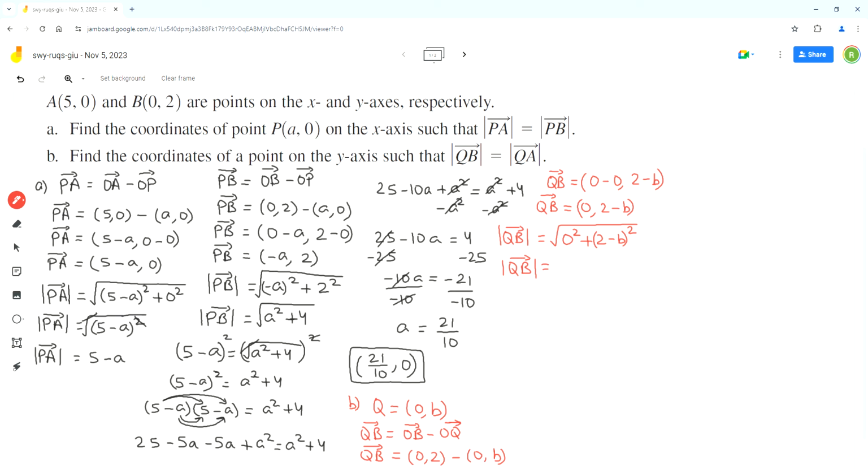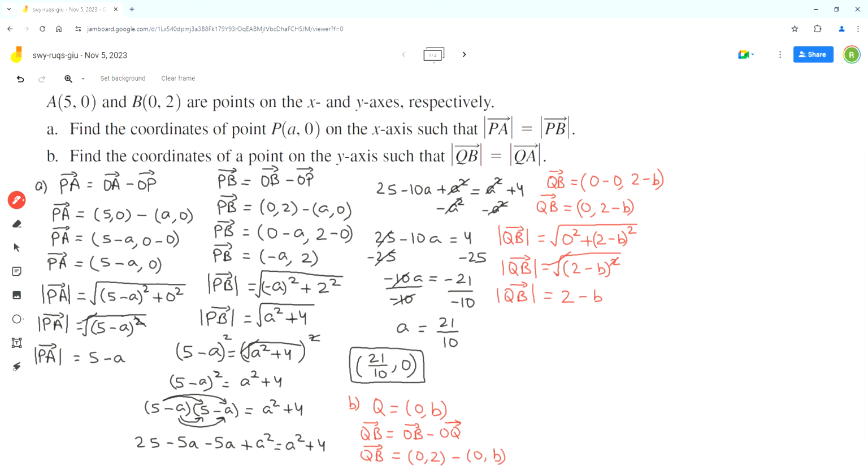So 0 squared is equal to 0, and adding 0 won't change anything. And the square root and the square will cancel each other out. So this is the magnitude of vector QB.